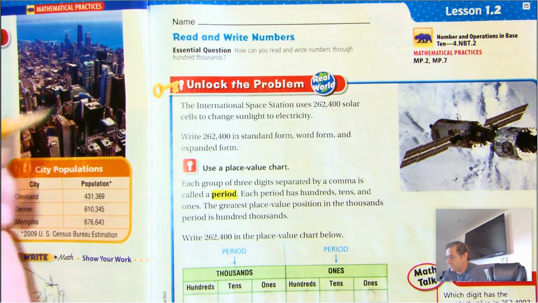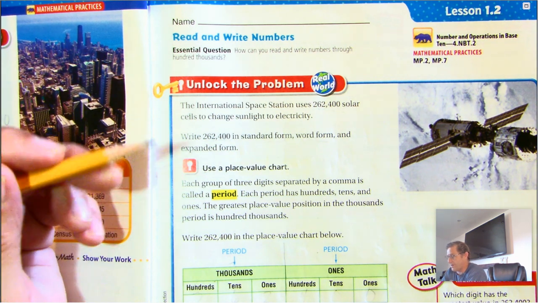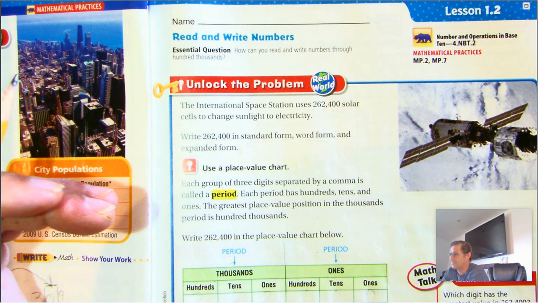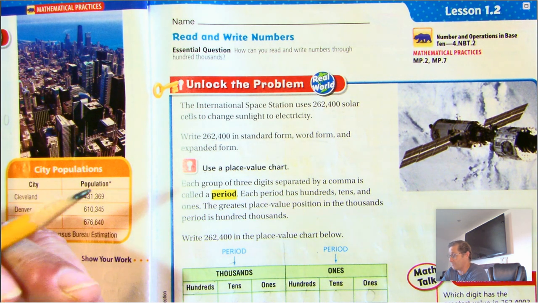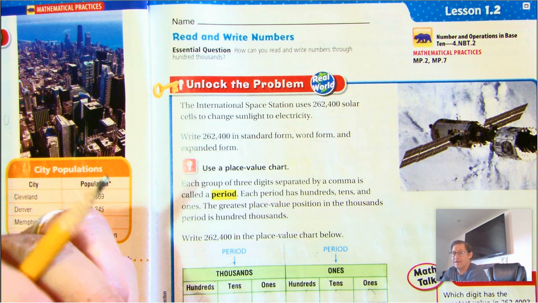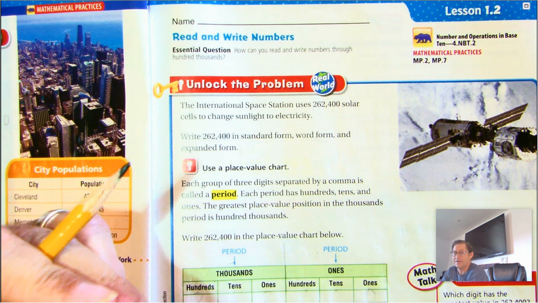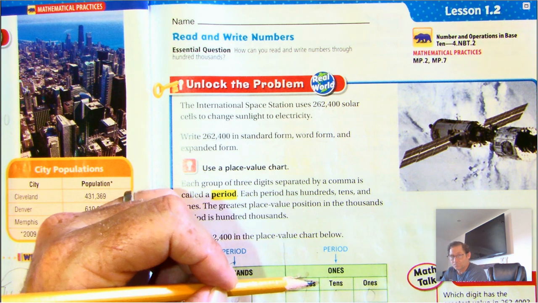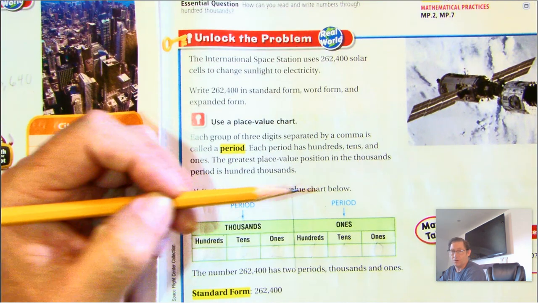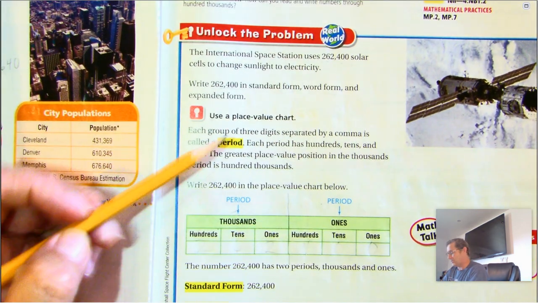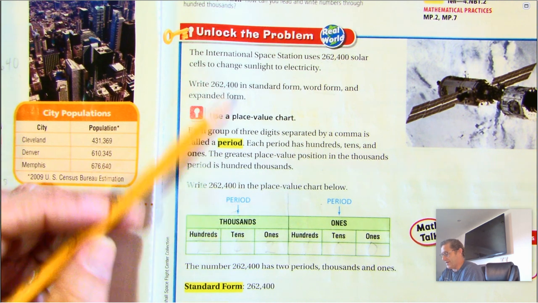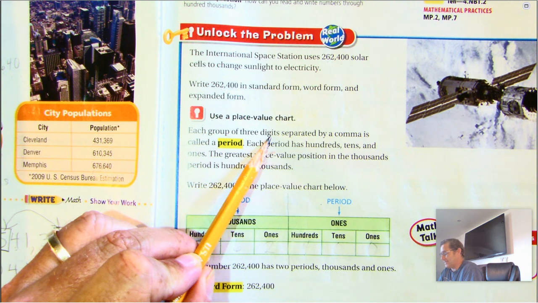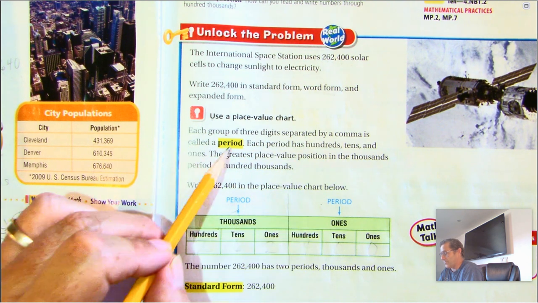In our first lesson, we talked about the place value chart, and we talked about ones, tens, hundreds using models, right? We had cubes and flats and longs, so on. So today we're going to have a chart here, and it wants you to learn the idea of a period. It says each group of 3 digits separated by a comma is called a period.